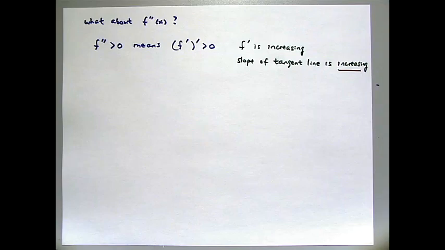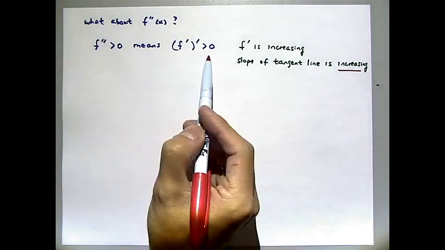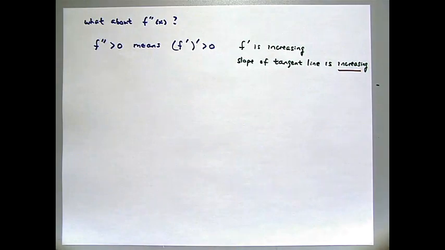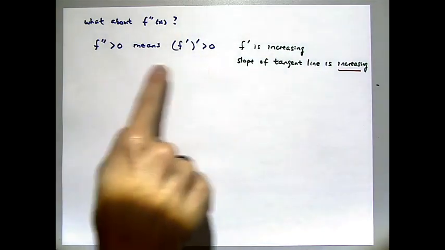No, all this is saying is that f prime is increasing. Something prime is positive means something is increasing, regardless of what that thing itself is doing. Again, f prime is increasing. This is all it tells us.